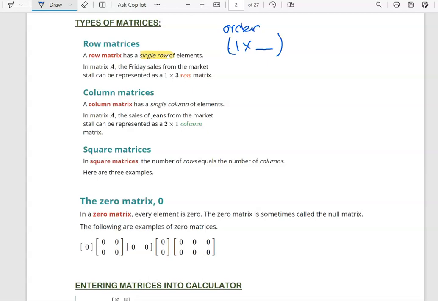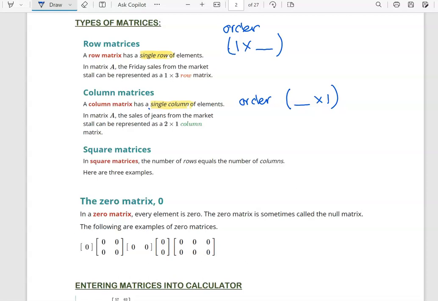So they said the Friday sales for the market could be represented as, if you look up at the other one, a 1 by 3. A column matrix only has a single column. So when you write the order for a column matrix, it's always going to be something by 1, because there's always going to be that 1 column.